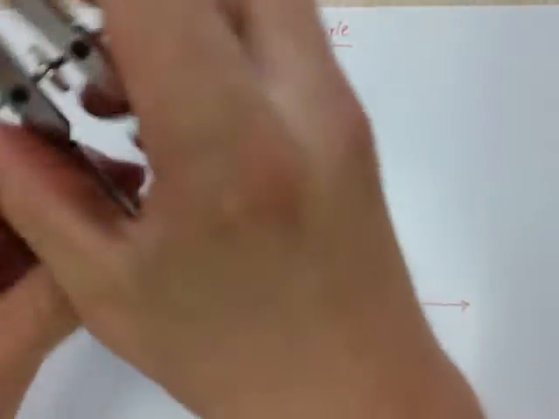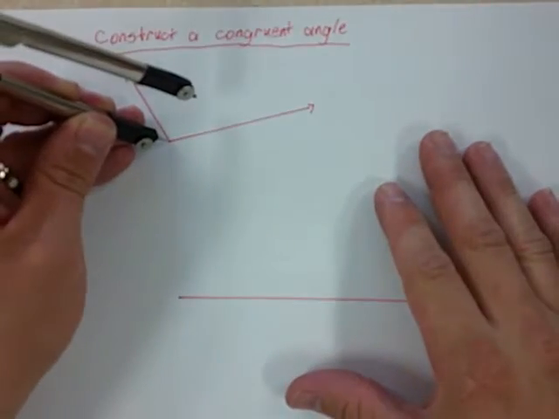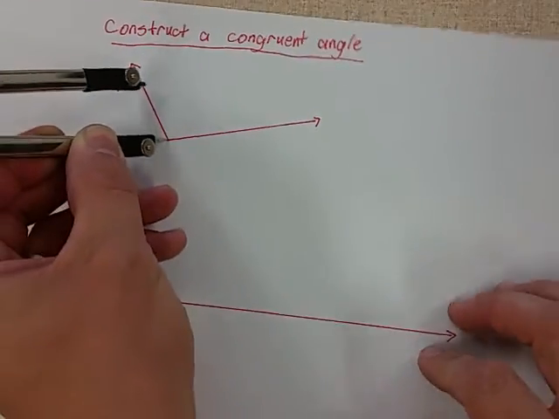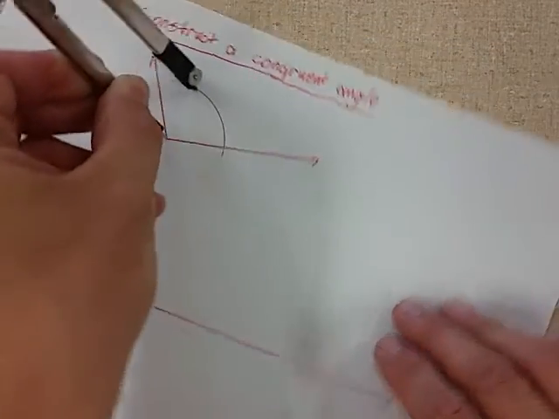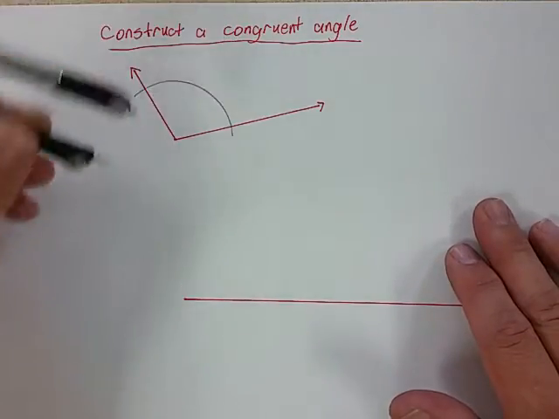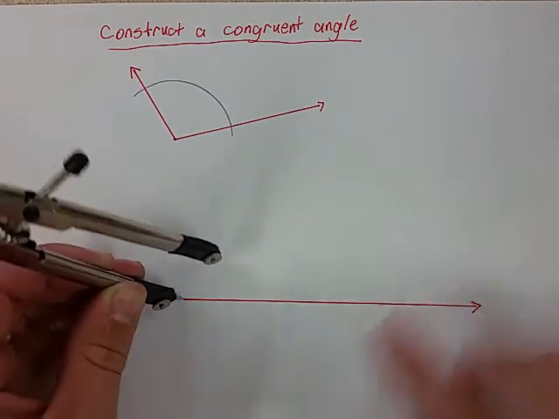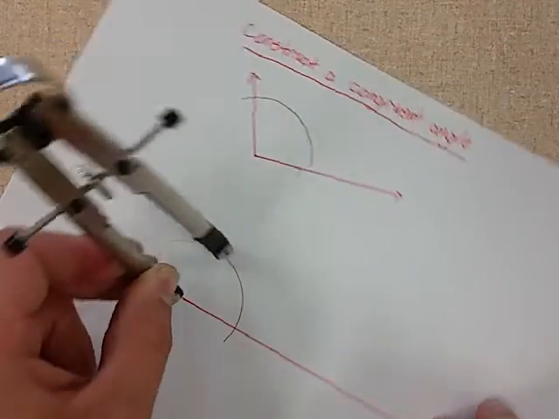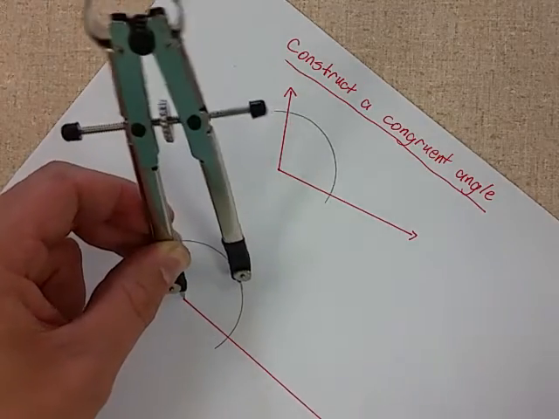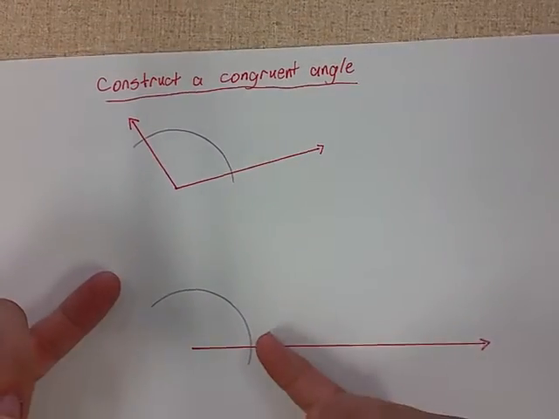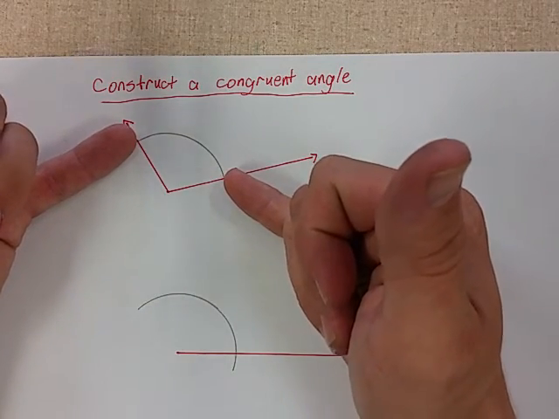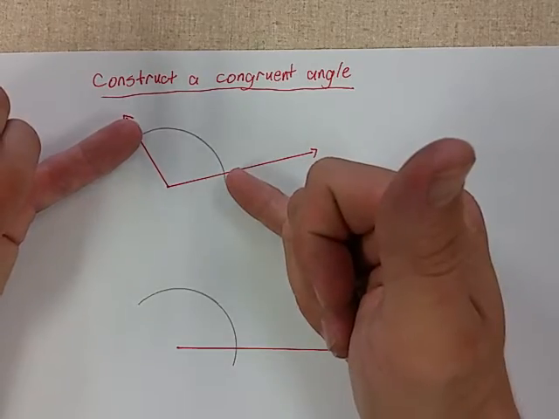To do that, I'm going to take my compass, and I'm going to put the point of the compass on the original vertex, and I'm going to make an arc that hits both sides of my angle up there. Now I'm going to put that same arc down here where the next vertex will be. And at that time, I'm ready to recreate my angle, because what I'm going to do is set my compass to how wide this arc is.